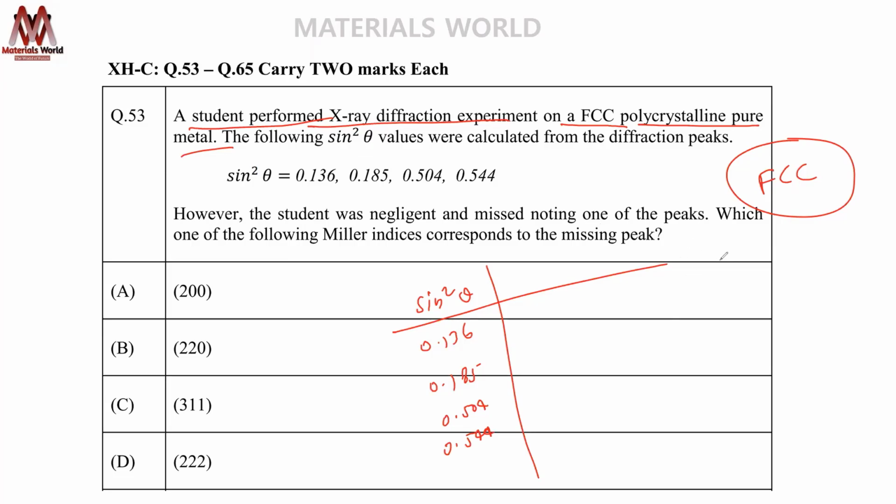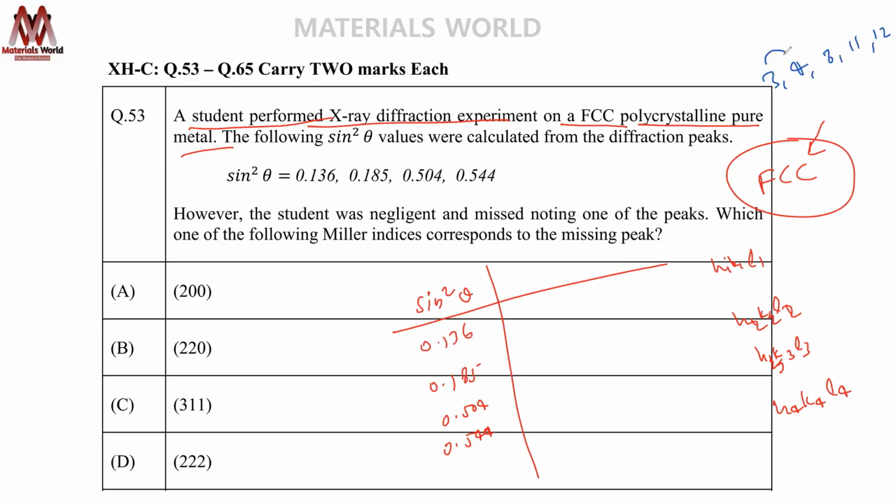So that means you have to index what your peaks are here. Because for FCC, you know the peaks' H square plus K square plus L square values. What is that? 3, 4, 8, 11, 12.